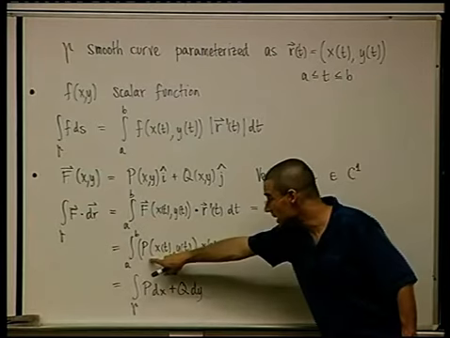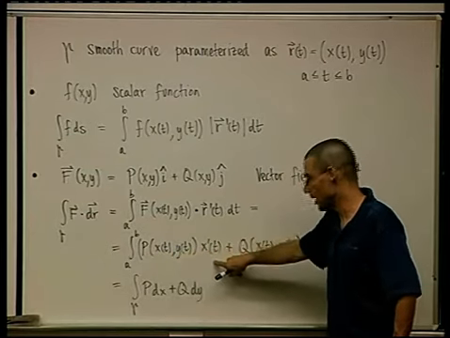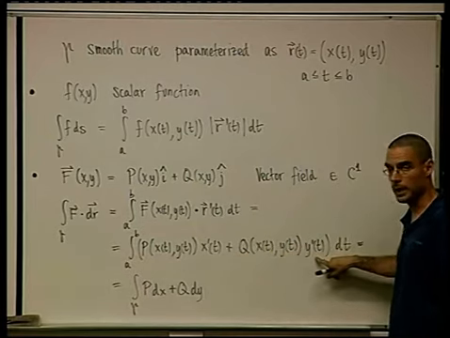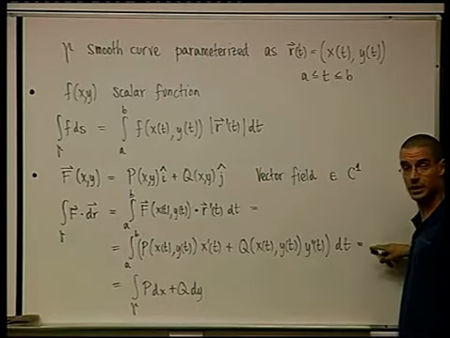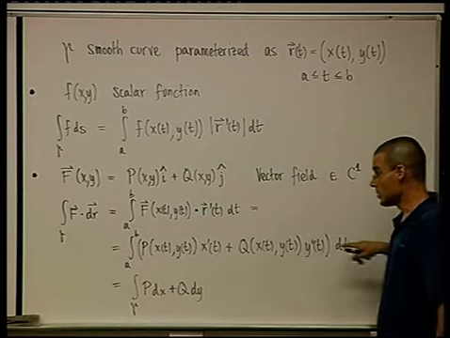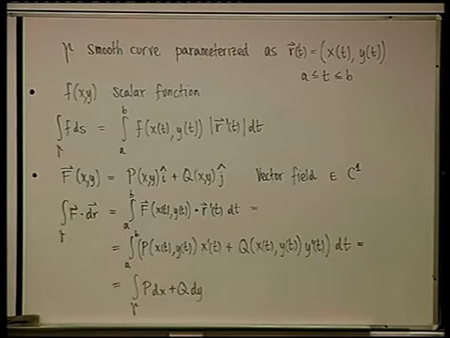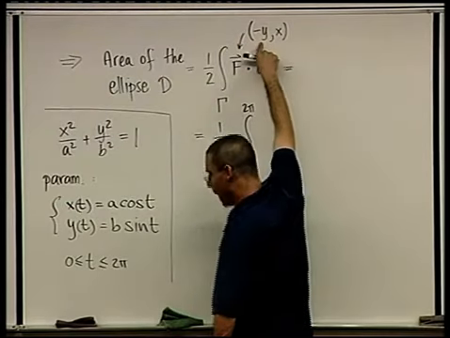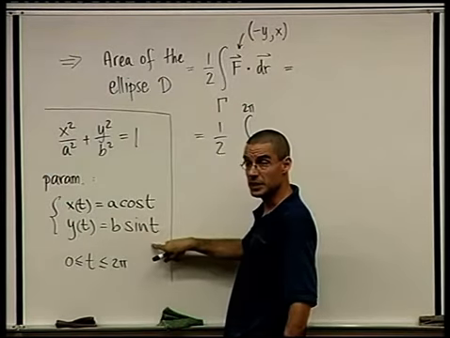I'm going to take P at x of t, y of t times x prime, plus Q at x of t, y of t times y prime. This is what I want to calculate, right? So back here, P is just minus y. Y is b sine of t.